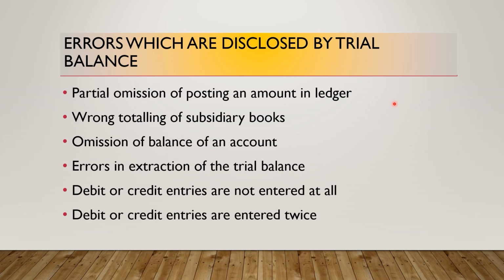Debit or credit entries are not entered at all. Debit or credit entries are entered twice. So these are the very general errors that may be there, and trial balance is quite helpful in locating these kind of errors so that we can rectify them before taking this information to the final accounts.